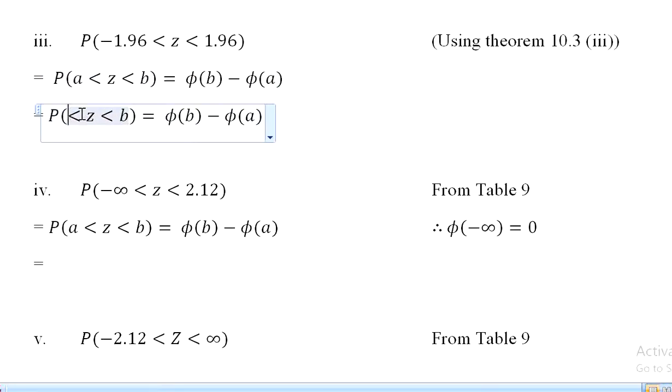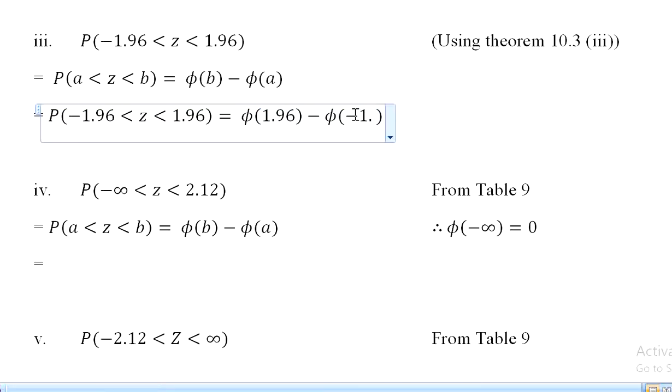Now A is minus 1.96 and B is 1.96. So this is A and this is B. Now upper value 1.96 minus lower value, that is minus 1.96.